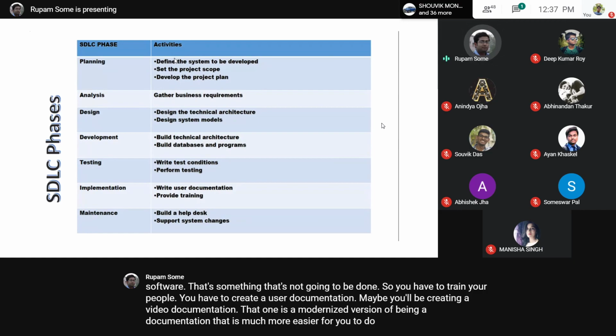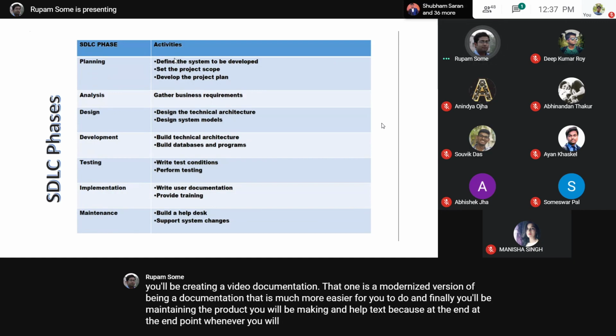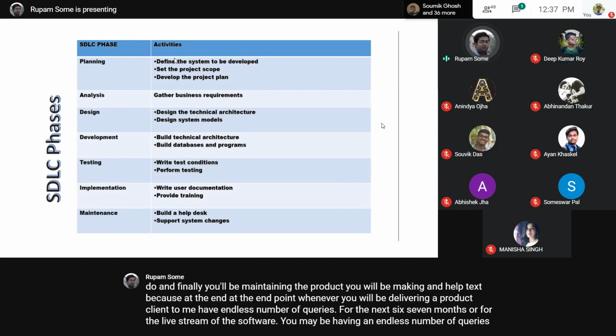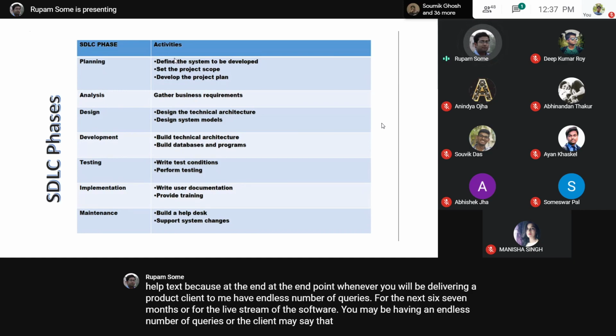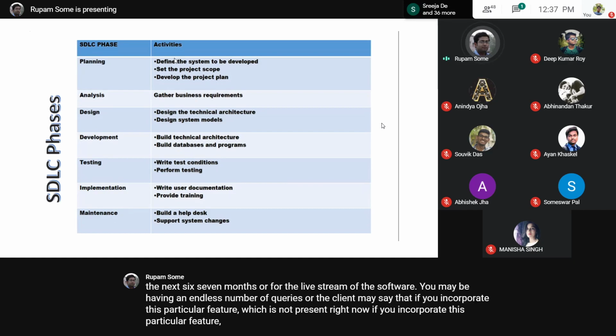And finally, you'll be maintaining the product. You'll be setting up a help desk, because whenever you deliver a product, the client may have an endless number of queries for the next 6-7 months, or for the lifetime of the software. Or the client may say that if you incorporate a particular feature which is not present right now, it will be better for us.